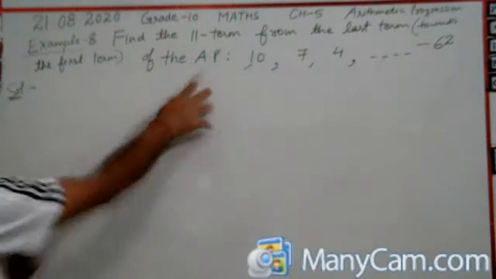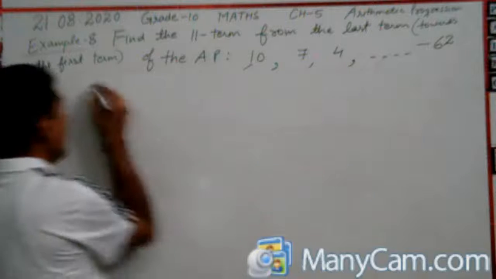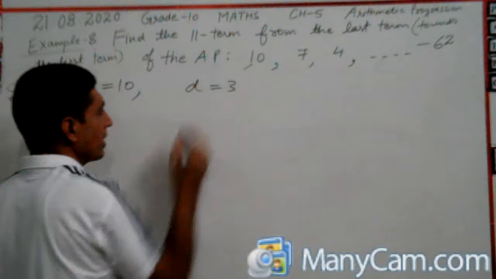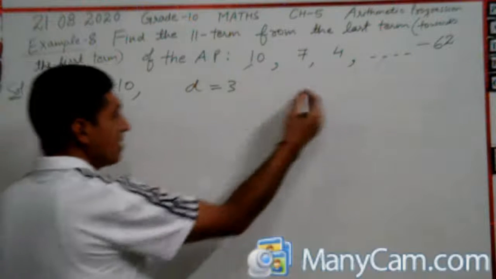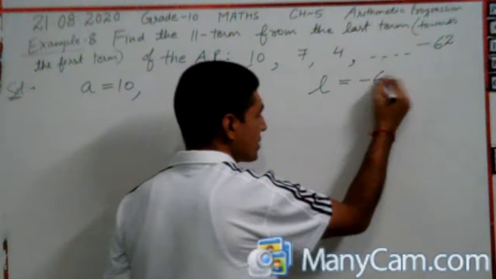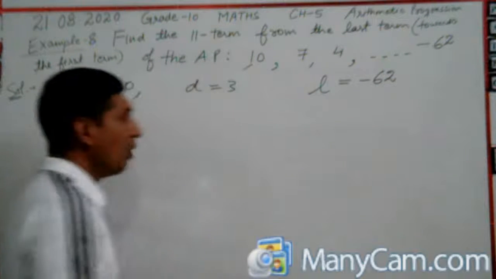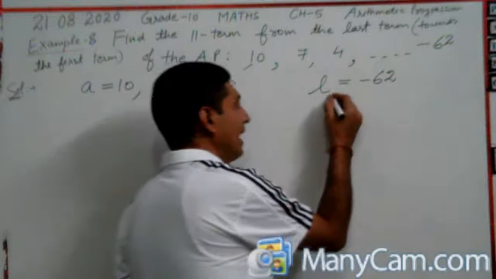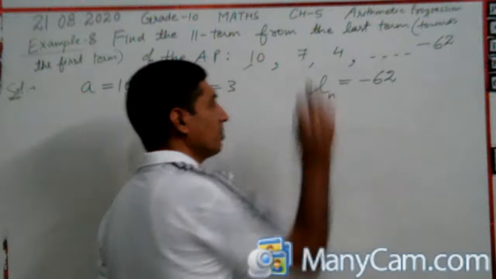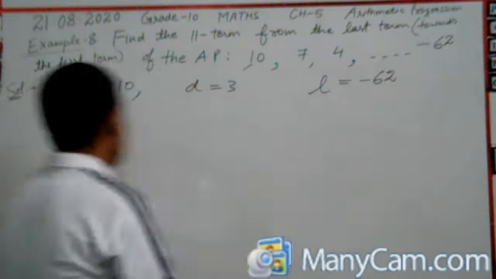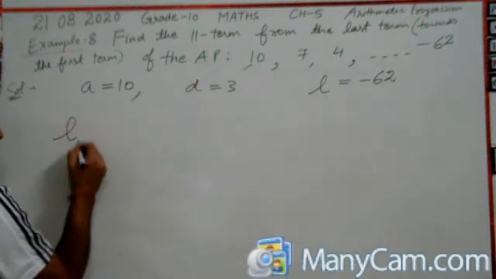If the AP is the same, A is 10, D is 3, right? Now the last term of this AP is minus 62. Now we want the nth term from the last.